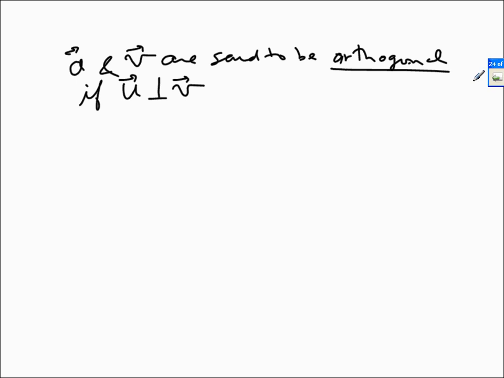Oh, you mean u and v are perpendicular? Somebody else says u and v are perpendicular. You can say, oh, you mean u and v are orthogonal. Yes, they're exactly the same. There's no difference between the two.